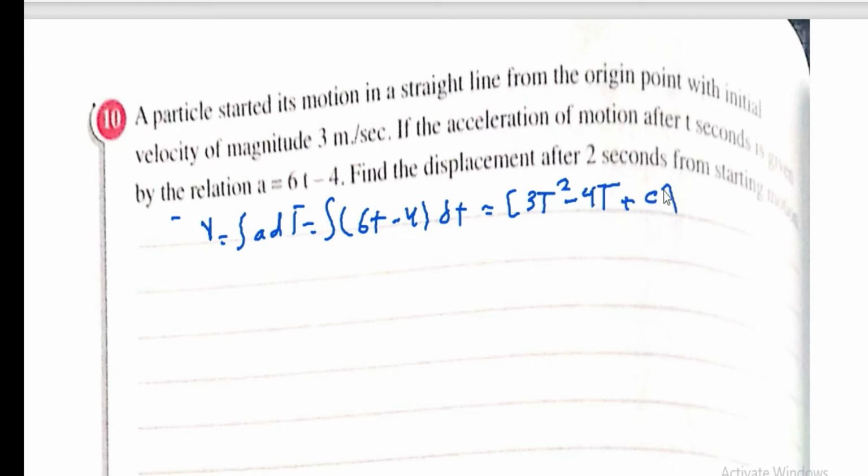If the motion starts from the origin point with initial velocity 3, v equals 3 when t equals 0, because in the beginning of motion, plus c, therefore c equals 3, therefore v equals 3t squared minus 4t plus 3.